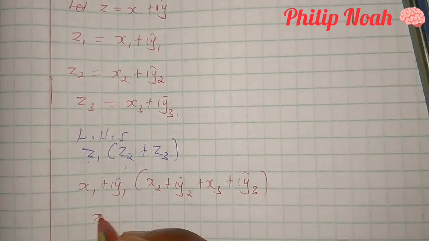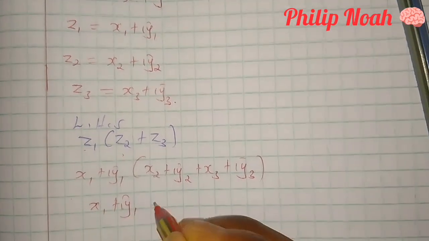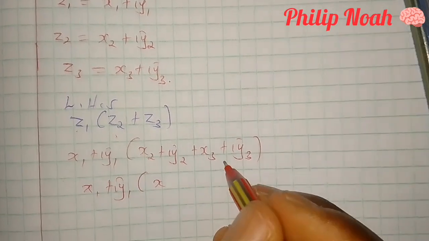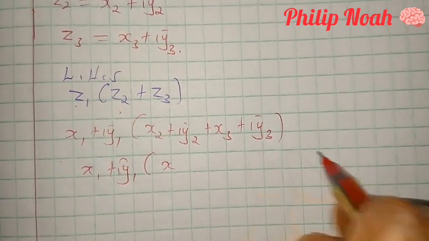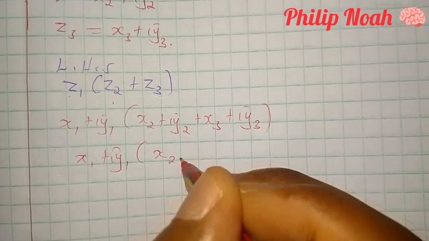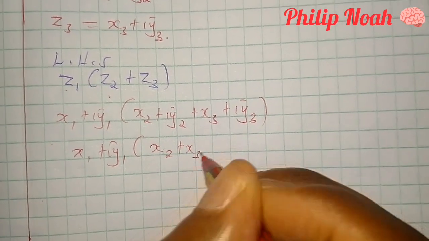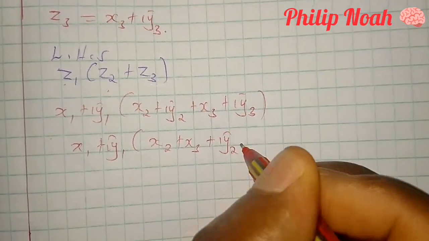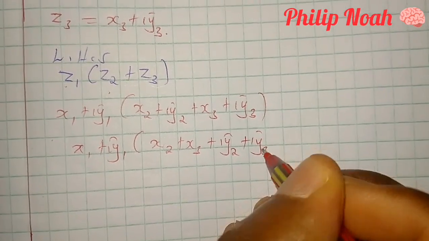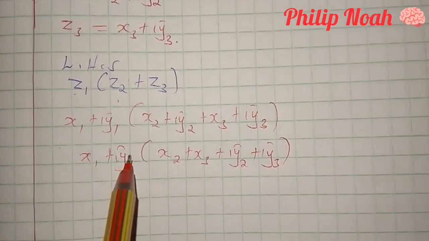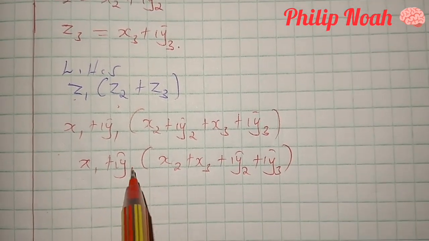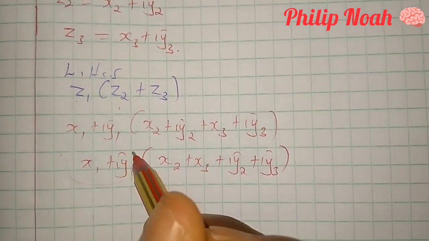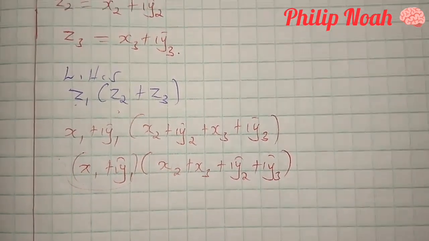So we have x1 plus iy1 into, here we just separate the real parts and the imaginary parts. So it's x2 plus x3 plus iy2 plus iy3. After that we take this, then we multiply by each term in the brackets.